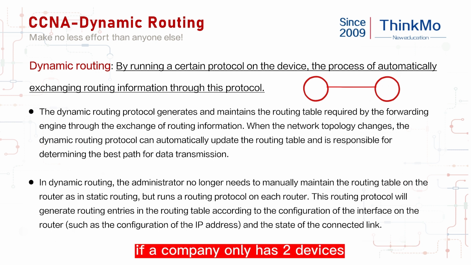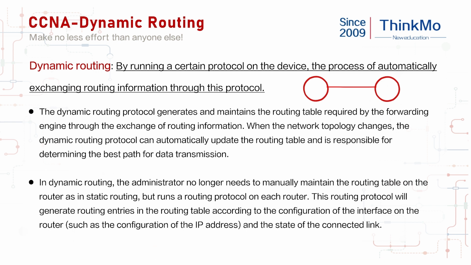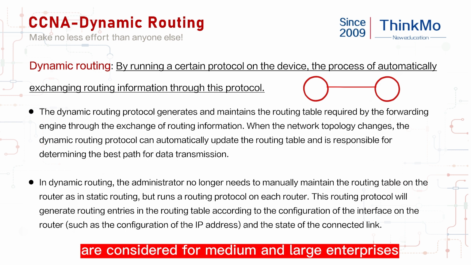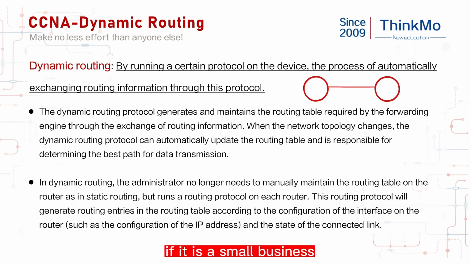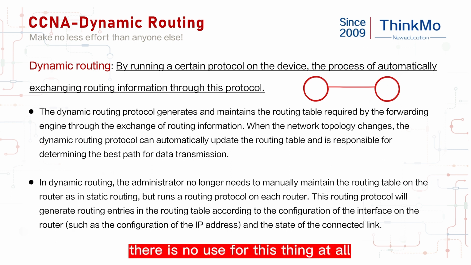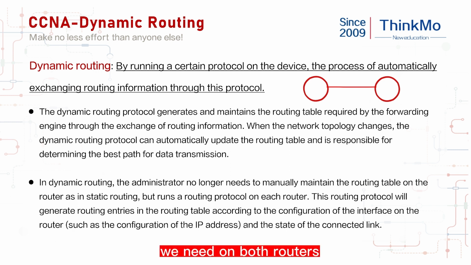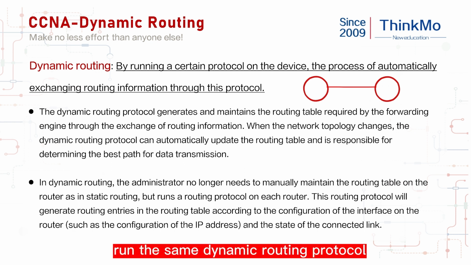If a company only has 2 devices, usually go static. Dynamic routing protocols are considered for medium and large enterprises. If it is a small business with just a router, there is no use for this at all. We need both routers to run the same dynamic routing protocol.